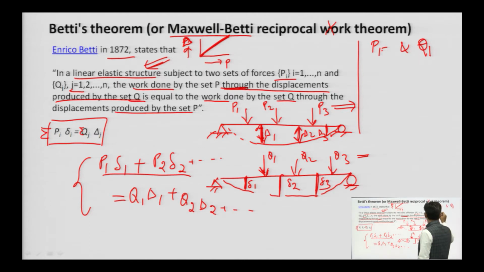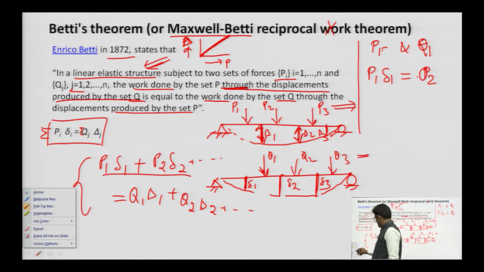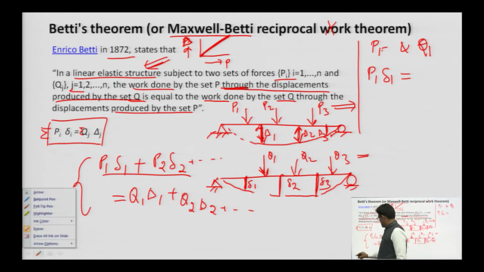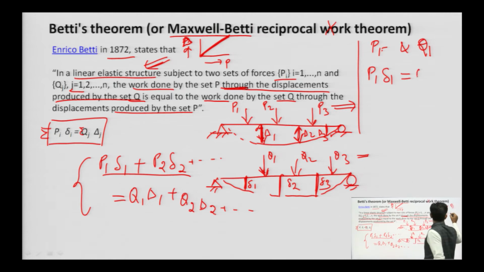Then we will have P1 into del 1 is equal to Q1 into del 1.